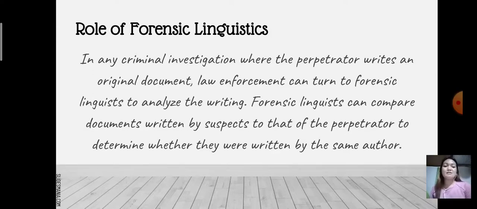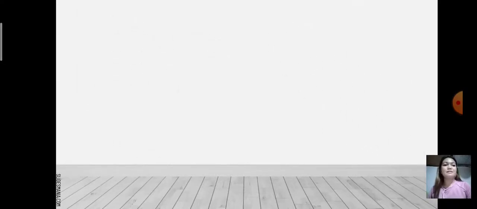So forensic linguistics compares documents to documents, writings to a person. As they say, your writings can define you as a person. So they mostly focus on writings, written documents.